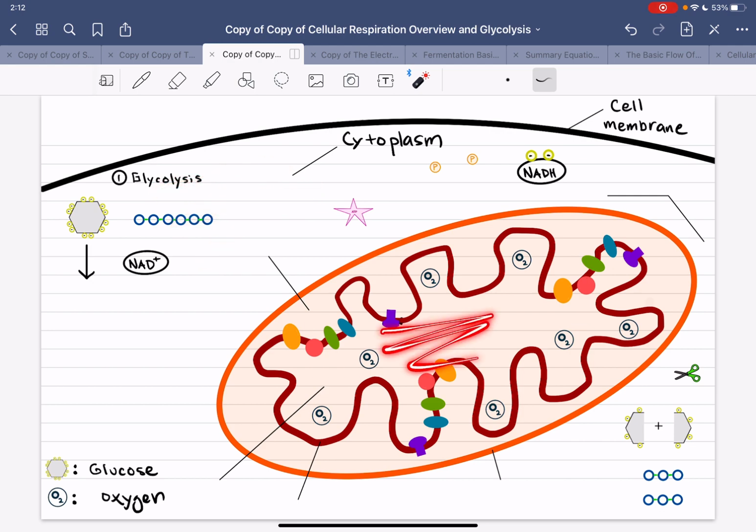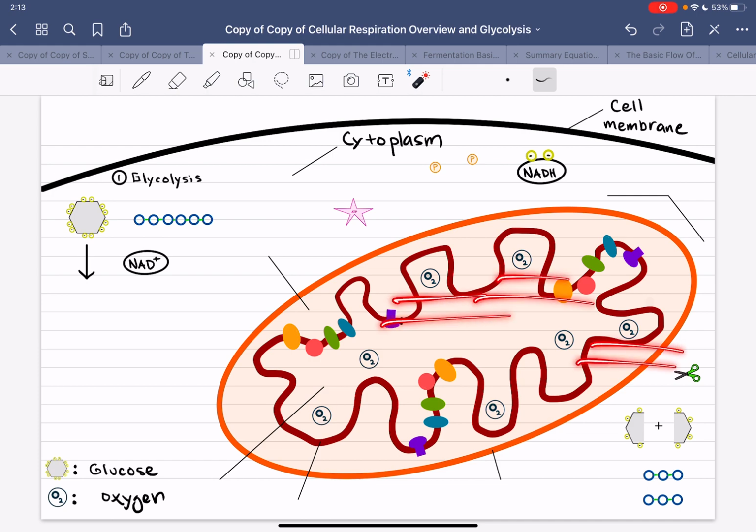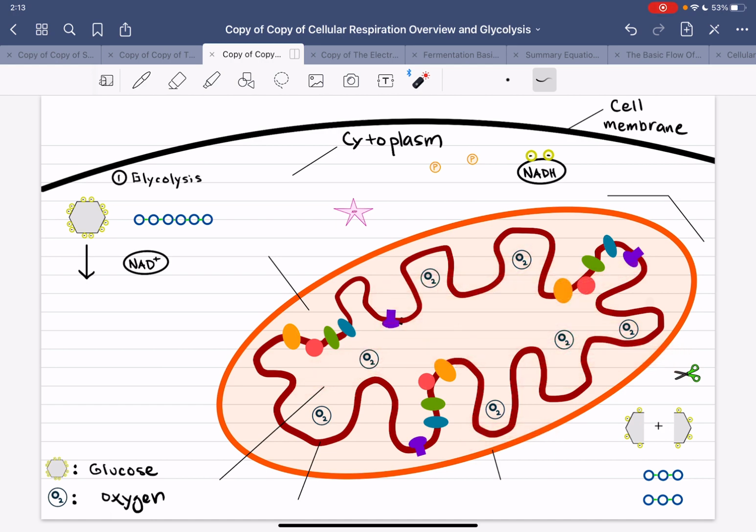There's less oxygen inside the mitochondria than the cytoplasm, so it's able to use diffusion to move. And it does so without any expenditure of energy. And my main point of all of this is most of that oxygen that you breathe in ends up right here in the innermost compartment of the mitochondria, which we will give a name in a bit.